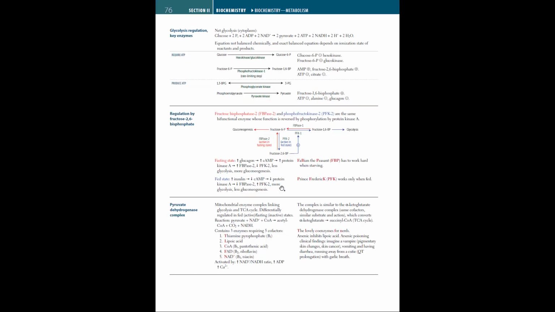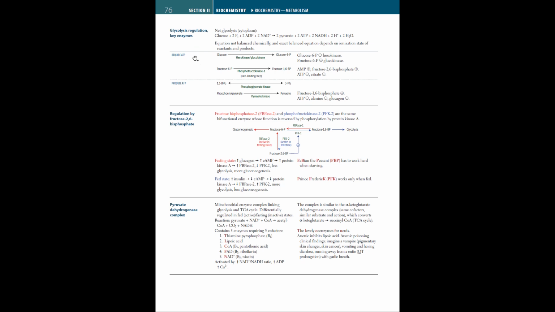Okay. Now we have glycolysis regulation and the key enzymes in glycolysis regulation. Glycolysis happens in the cytoplasm. And we have the following unbalanced equation. The equation is not balanced, and the exact balanced equation depends on the ionization state of the reactants and products.